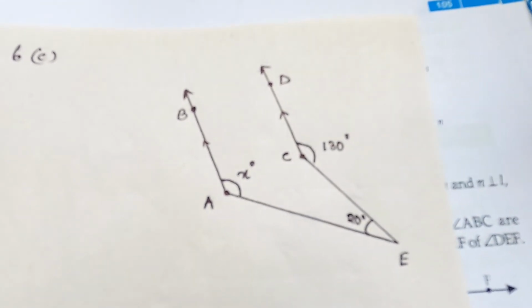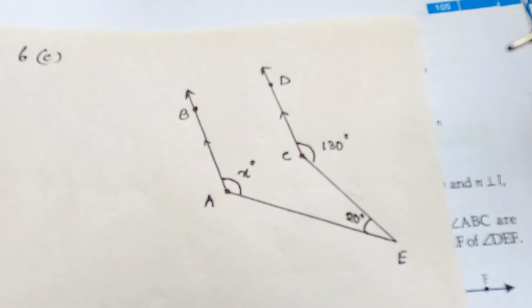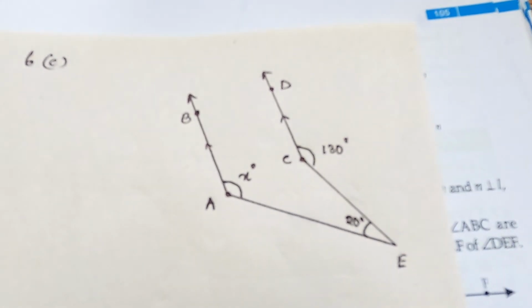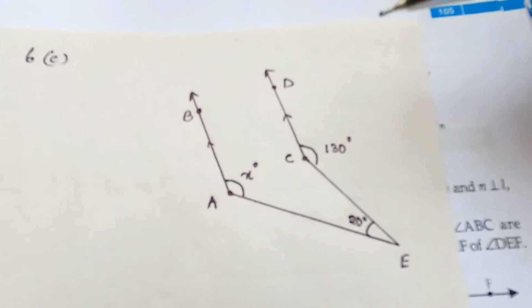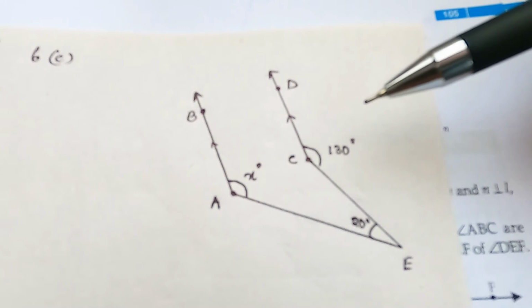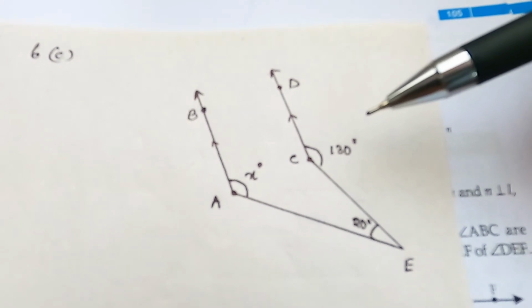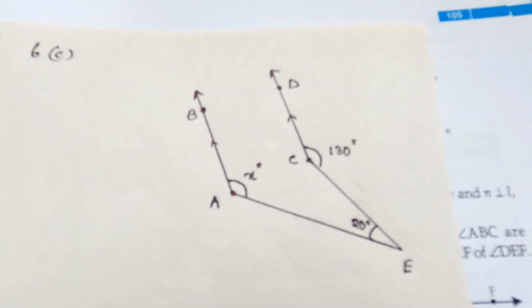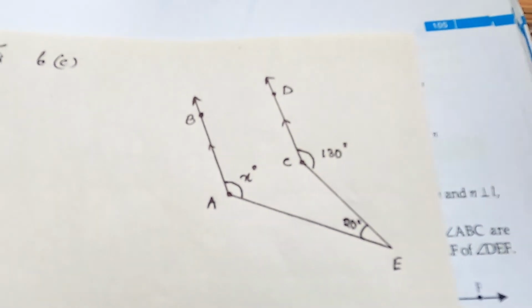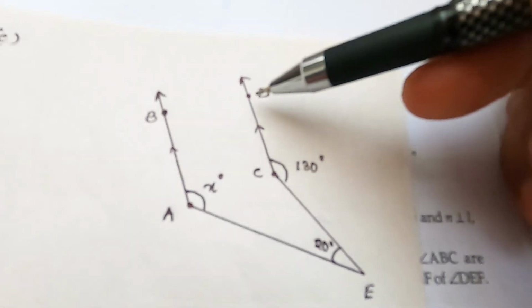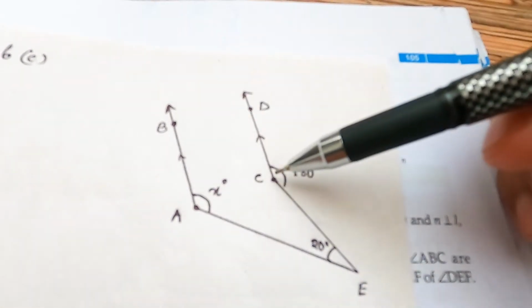So what we need to do in this case is some construction, in such a way that we will be able to find the value of x. We know that AB is parallel to CD.